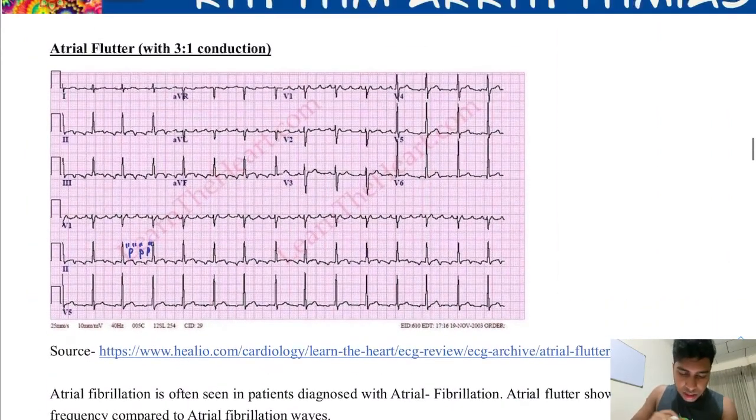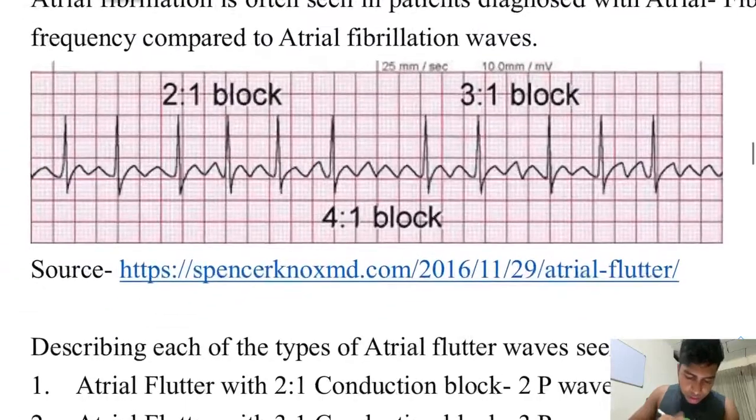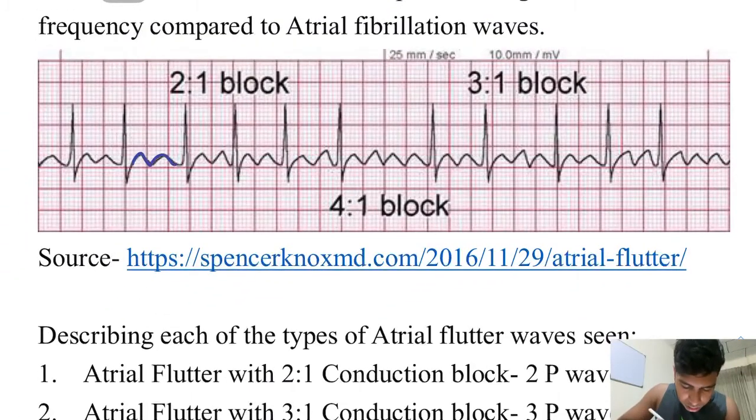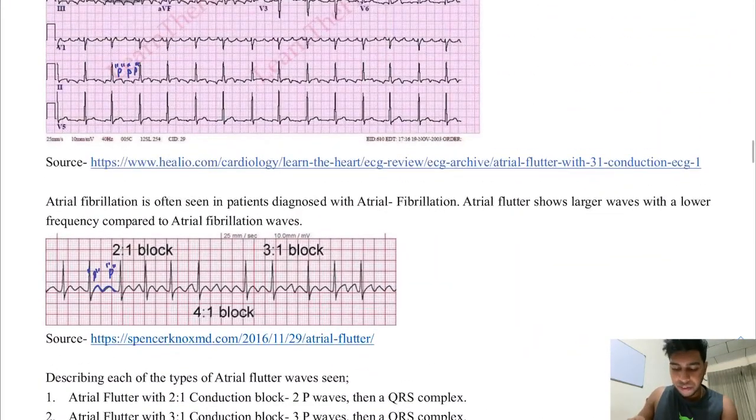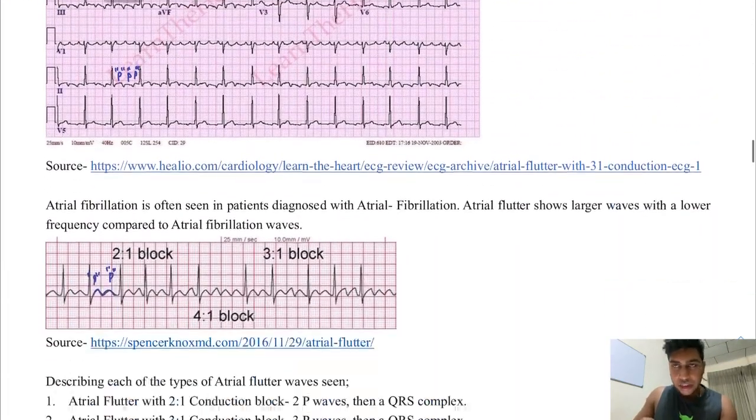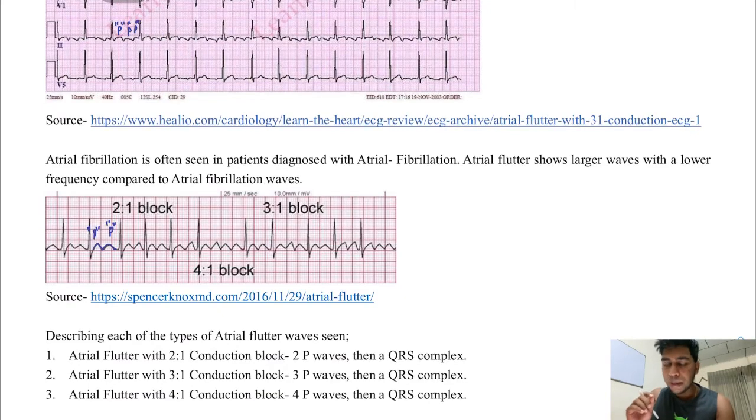So this is called a 3-to-1 conduction. So if you look here, you will see 2 P waves. The reason I do that is, if you know the pathophysiology of atrial flutter and fibrillation, you know there is an ectopic pacemaker that is also going to fire signals.